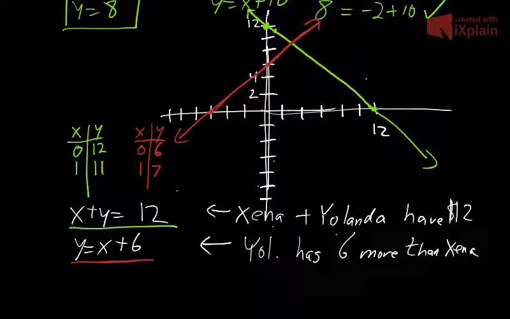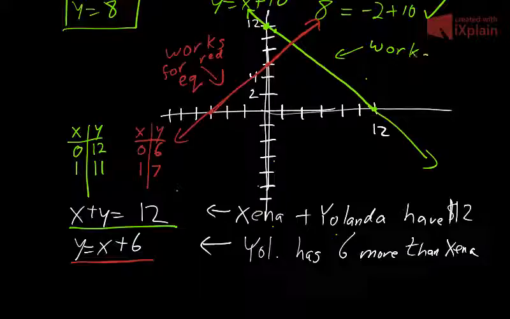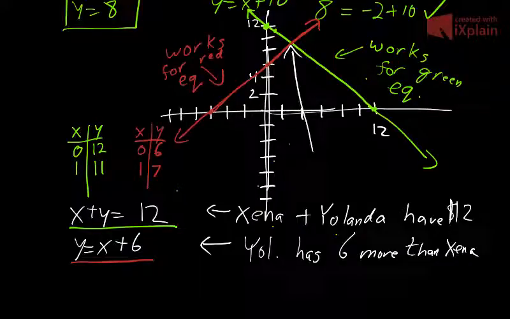So if we look, the red line means it works with my red equation. And my green line means it works for the green equation. And if we look right in here, this works for both.